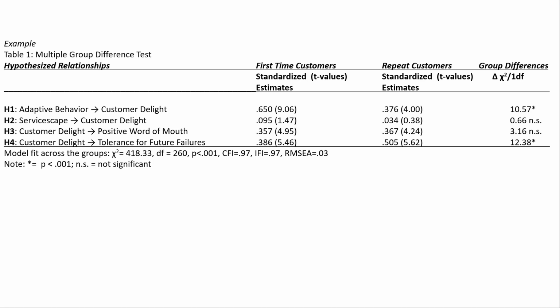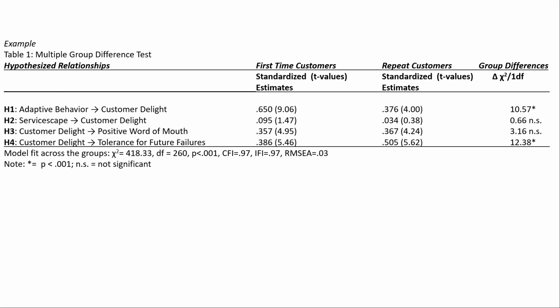This particular one didn't have that many hypotheses, but it's a good template for you to see. Now this example was actually doing a 2-group analysis. We were looking at customers of a restaurant, and we were just seeing if there was a difference between those that had never been to the restaurant before, first-time customers, and those that were repeat customers.